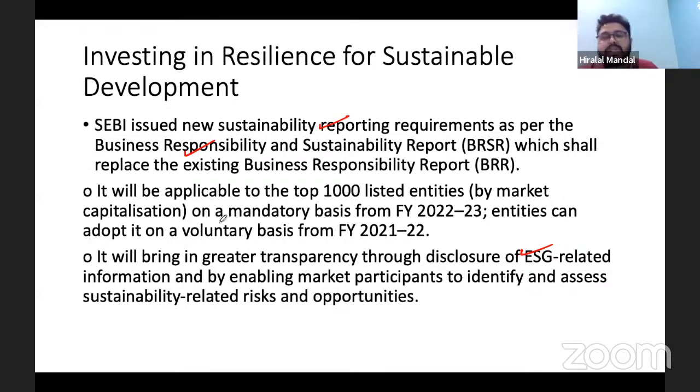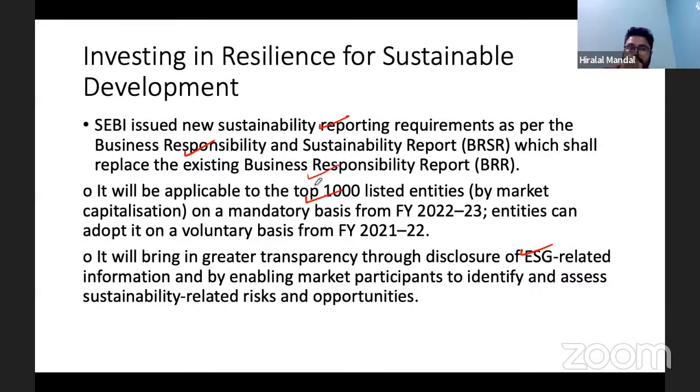Under this, it wants the top 1,000 listed companies to do a Business Responsibility and Sustainability Report, which will replace the Business Responsibility Report.